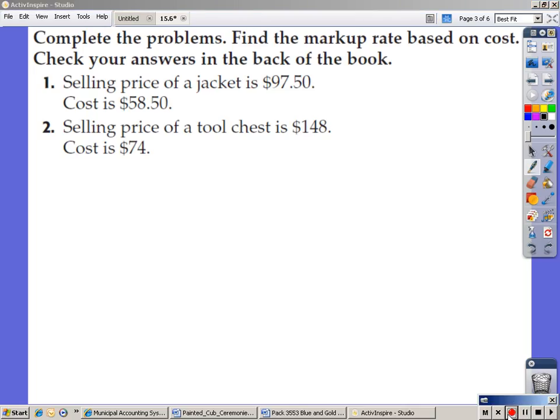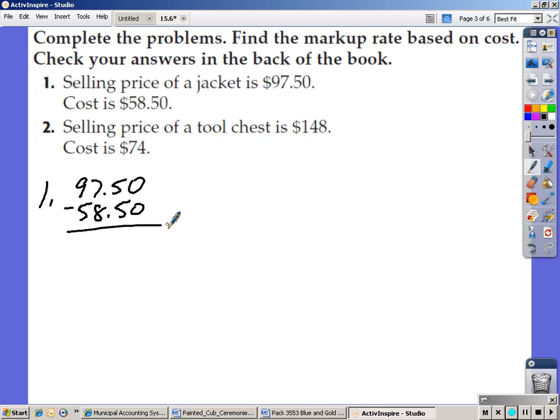Okay, so let's take a look at problems 1 and 2. Number 1 says the selling price of a jacket is $97.50. Cost is $58.50. Find the difference between the two, and that's your markup. You should get $39.